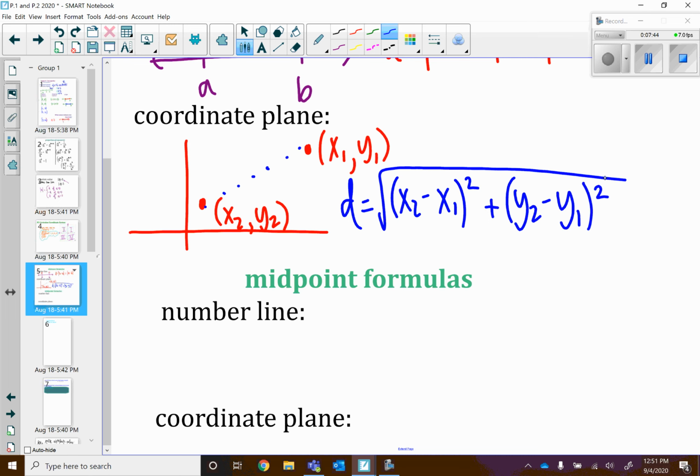And realistically, you could actually switch the order of x2 and x1, y2 and y1, as long as they are consistent. So if you had put x1 minus x2, that's fine, as long as you put y1 minus y2.